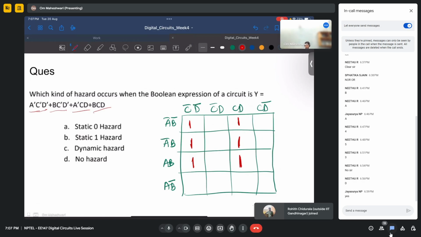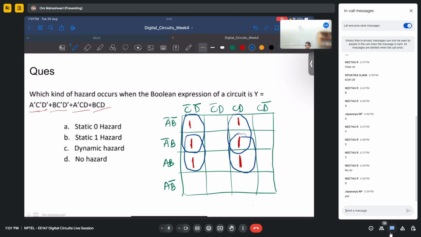Okay. Now if we group them, how will we group it? This and this and this. Right. Now if you see, are there any adjacent ones which are not in the same group?